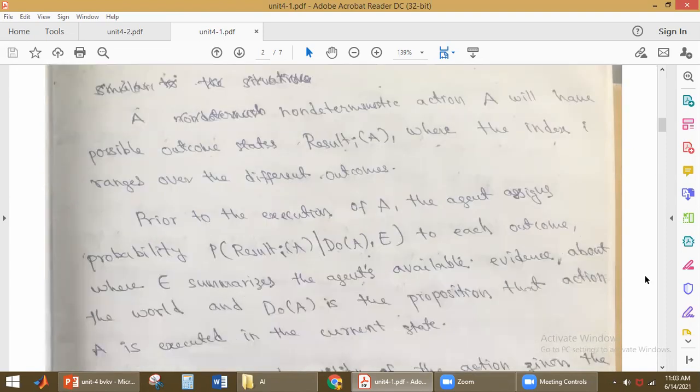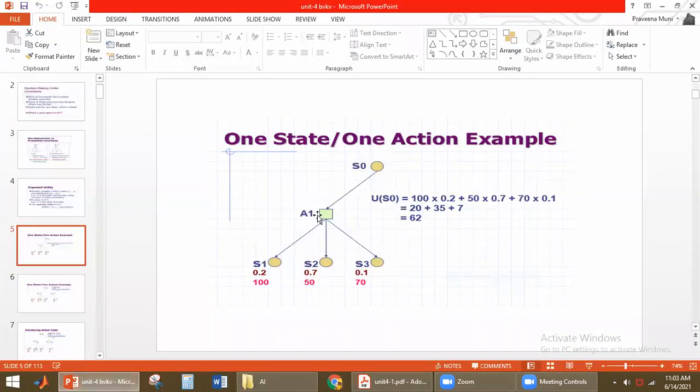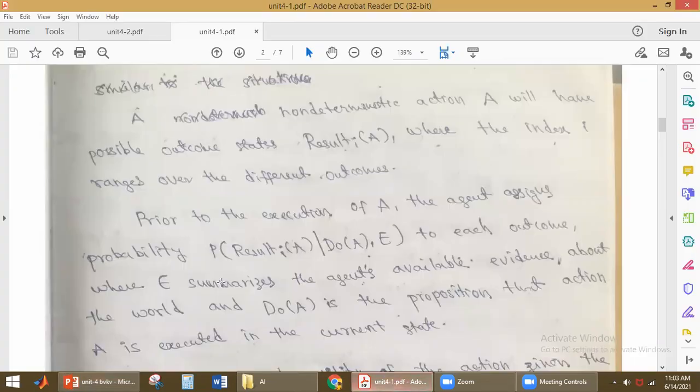If a non-deterministic action is performed on the environment, we will be getting different states. See here, if an action A1 is performed, we are getting different states. Similarly, a non-deterministic action means you cannot predict the outcomes. By performing this action, we cannot predict what outcomes we will be getting.